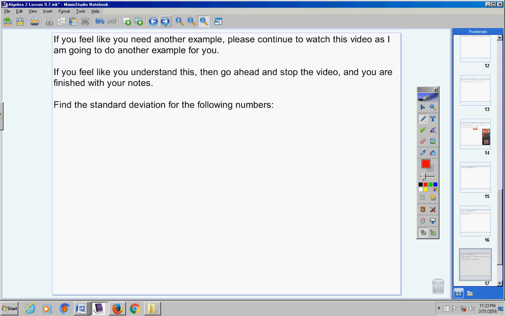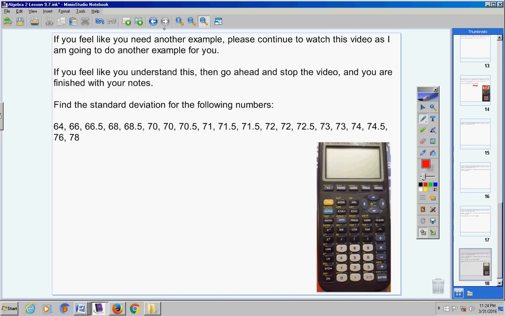Find the standard deviation for the following numbers. Let me give you quite a few, okay? Alright, there we go. Now if you want to practice this, I put these under list 1. So if you're going to practice, here we go. First of all, make this pretty big for a second.